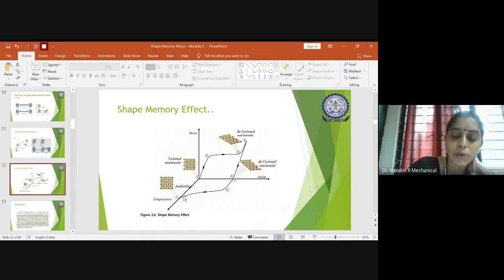How does it look? From 7 to 1, you are increasing the temperature slightly, and it could be due to temperature increase or mechanical loading. That will result in the first twin of the martensite. So this process goes on. When you subject it to mechanical loading initially, it is the first twinning that you get.